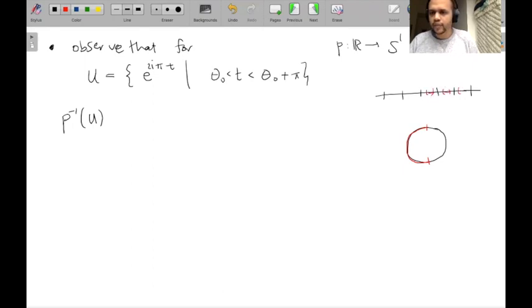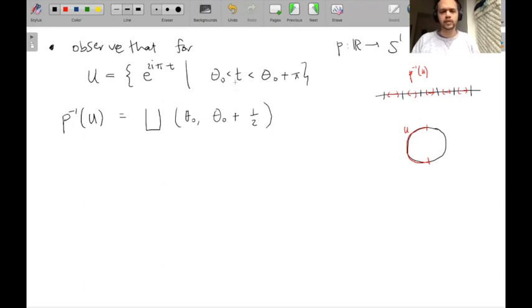I mean, the map p is of course periodic. And so here's U and here's p inverse of U. And we can write it in a formula as, so we have the interval theta naught to theta naught plus, I guess upstairs that's theta naught plus a half. And it's a union of these.